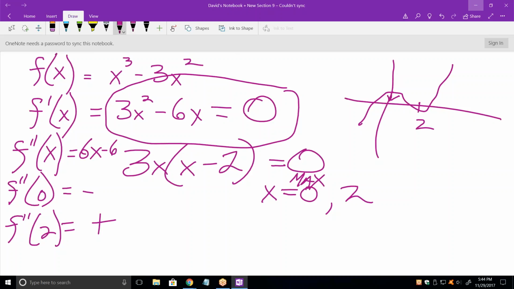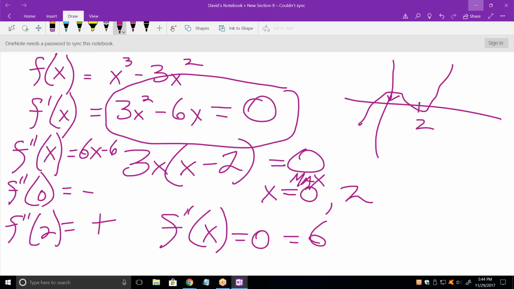Okay. So we've got our concavity, and we've got our relative mins and maxes. The last thing is the inflection point. How do we get the inflection point? That one I actually don't know because I missed Monday and Tuesday of this week, which is when we were doing that.